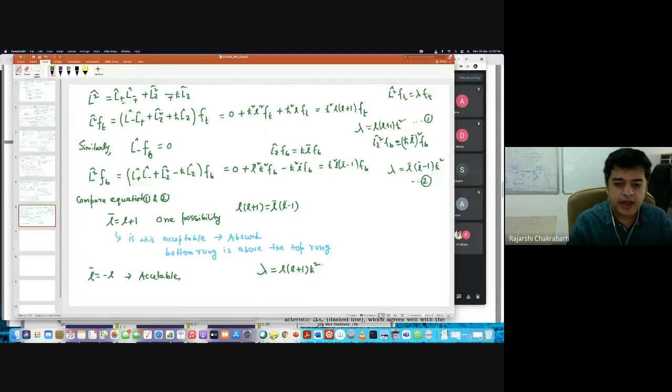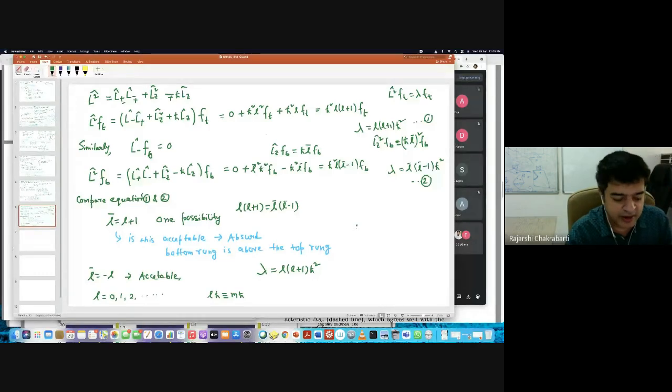Not only that, if I assume that L behaves like 0, 1, 2, 3 like this, then this eigenvalue L into H cross will be interpreted as M into H cross. These are the Z component of your total angular momentum.